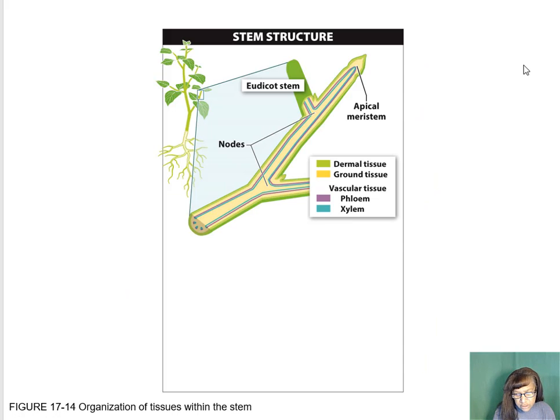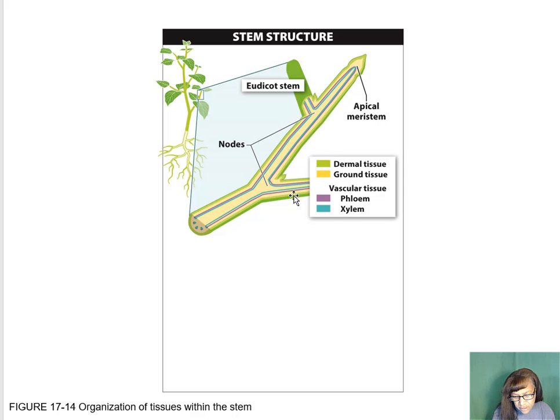So we're going to look closer at stem structure. Here we're looking at a Eudicot stem, and again, this is terminology. We've got what's called the apical meristem here, and then we've got these different nodes. This branching here is known as a node.